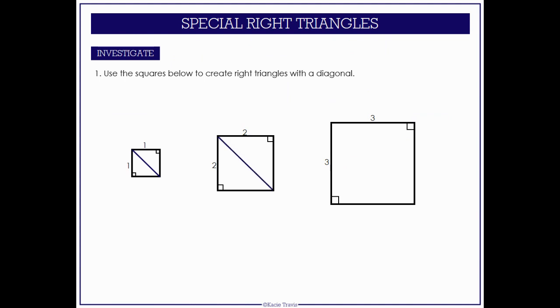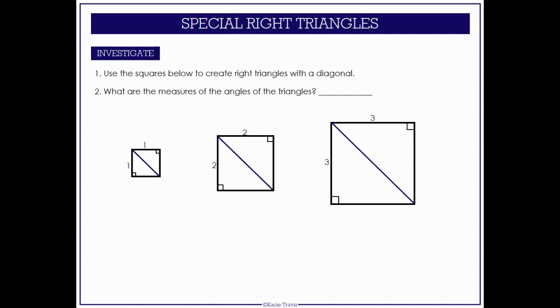We got the one in the middle, cutting that also diagonally, and our third one being cut diagonally. All right, things to notice, each of these squares, when we cut them on this diagonal, has shown us a triangle, and not just any triangle, a right one, because we see that we got some right angles here.